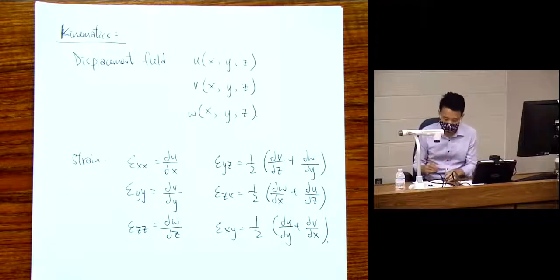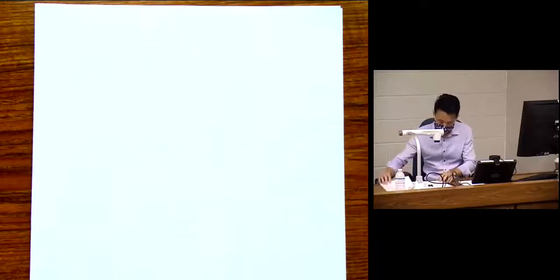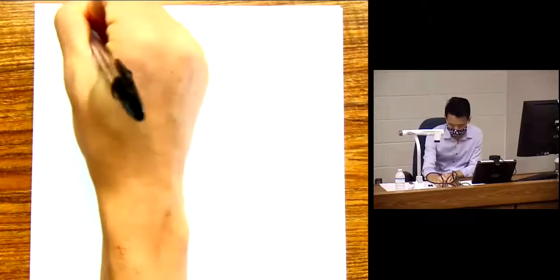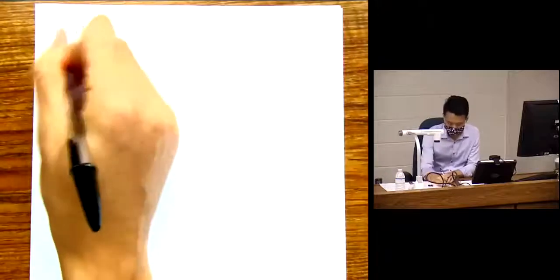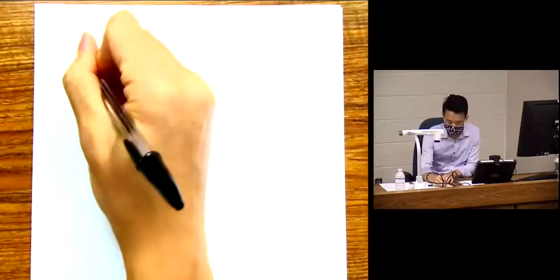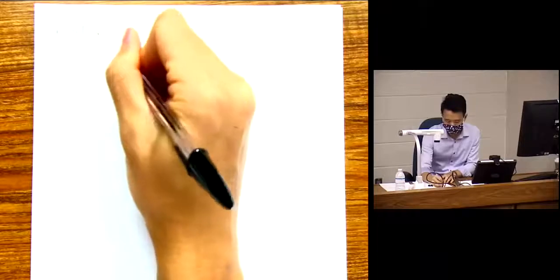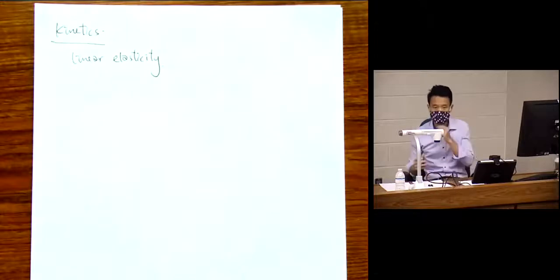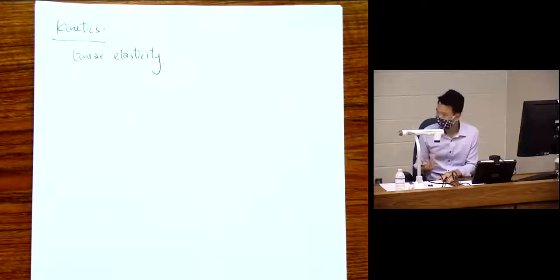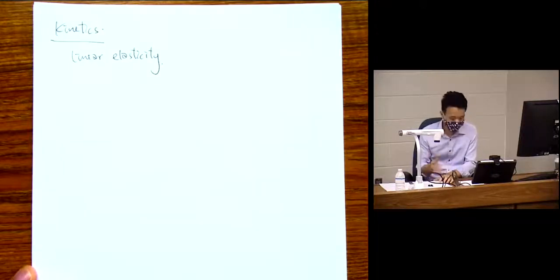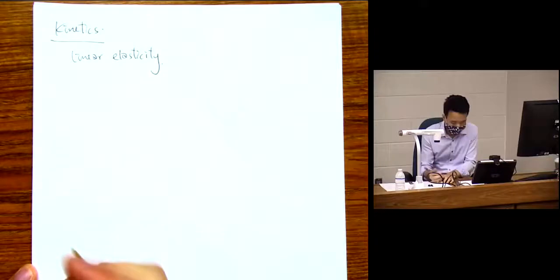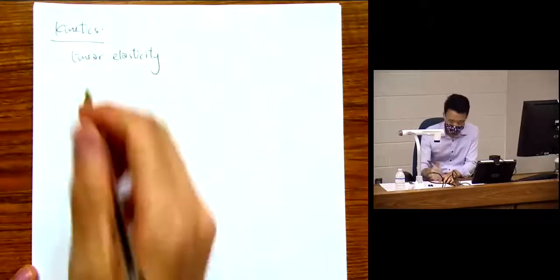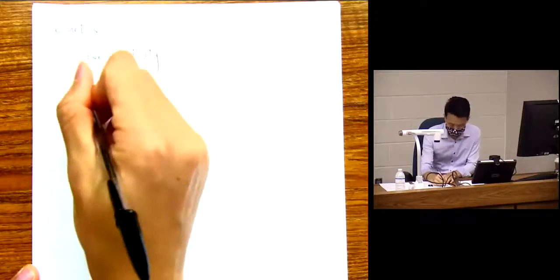The kinetics, what we're going to deal with is just elastic materials. So we're dealing with linear elastic material for most part of the class. And for linear elastic material, we use Hooke's law, right? So we assume the material is isotropic, linear elastic, and for that material, we can describe the material properties by basically 2 independent material properties, right?